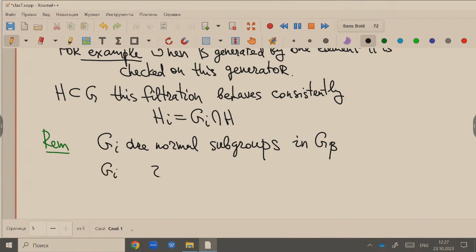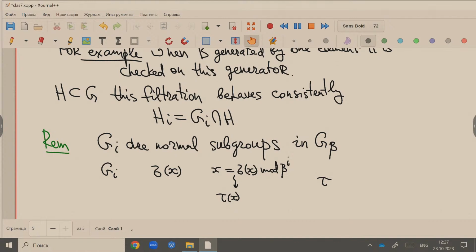You take sigma, you take the element, and you compare x and sigma x modulo some filtration bi. If you have some automorphism tau, for example, it can be written as the conjugation, you can apply the automorphism tau to this equality.